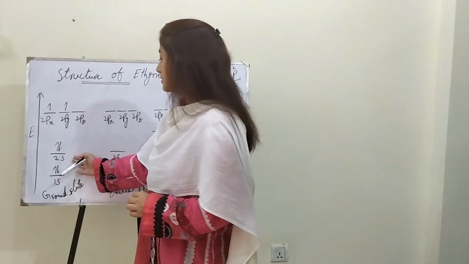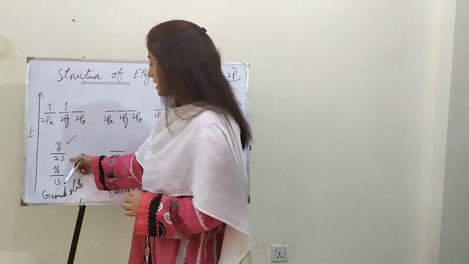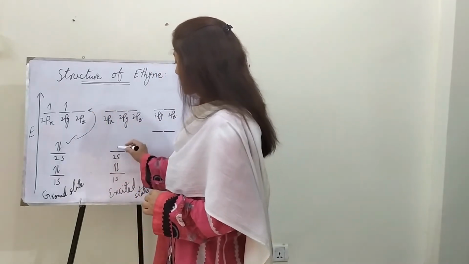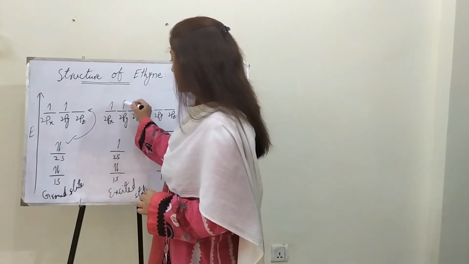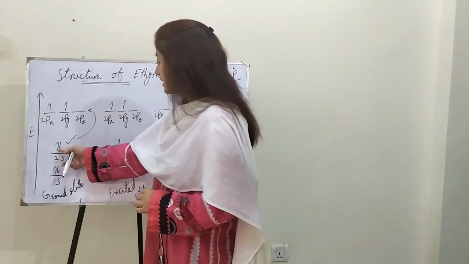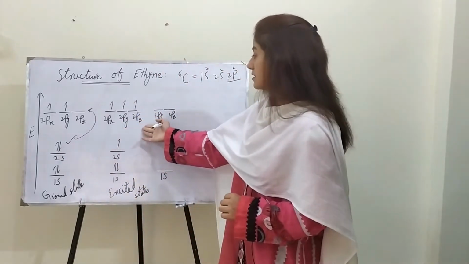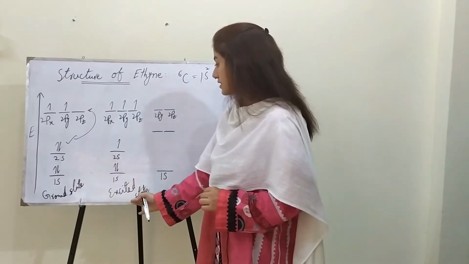When the carbon atom absorbs energy, then 1 electron from this 2s orbital jumps to the 2pz orbital, and here there becomes only 1 electron, 1 over here, 1 here, and the 1 electron from this orbital is in the 2pz orbital now in the excited state.